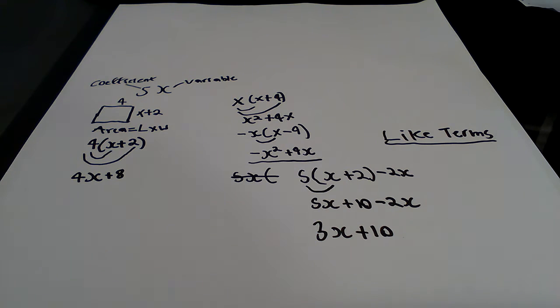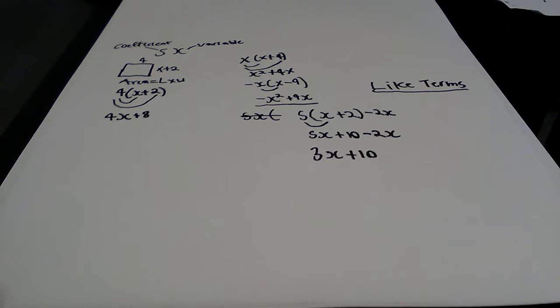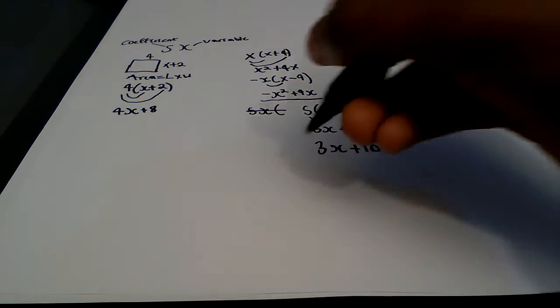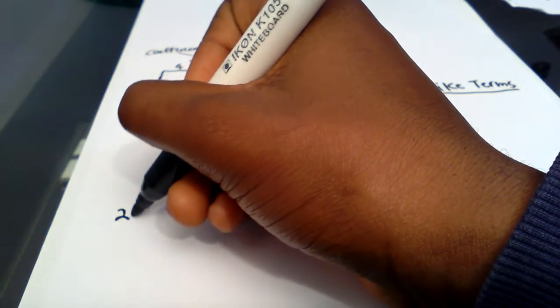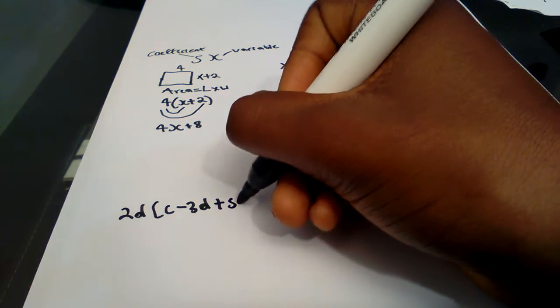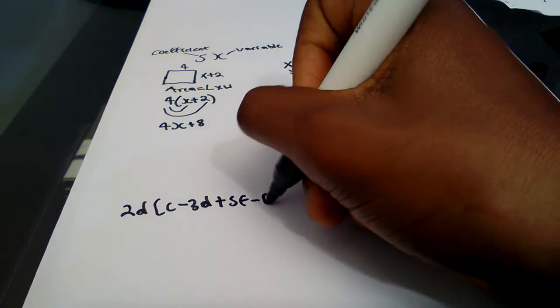Alright. So we've done that. Let's get to the even more spicier questions. Alright. Let's do, for example, 2d bracket c minus 3d plus 5f minus 6, okay?